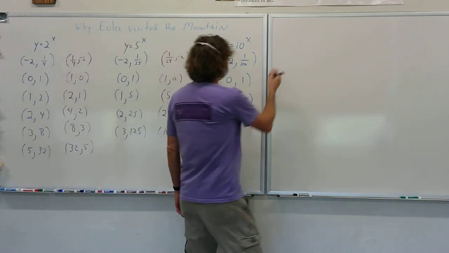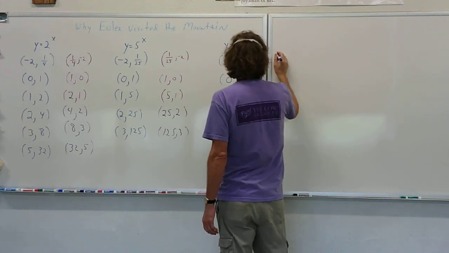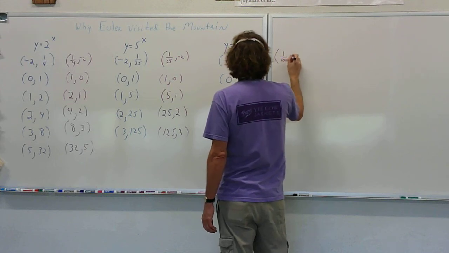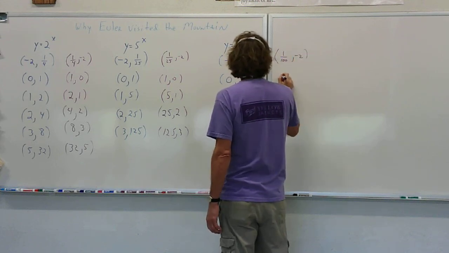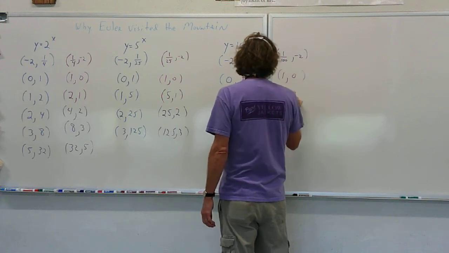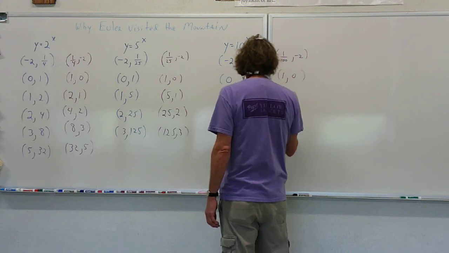And then we'll go ahead and put this one over here. 1 over 100 would have to be -2. 1 would have to become 0. 10 would have to become 1. And 1,000 would have to become 3.